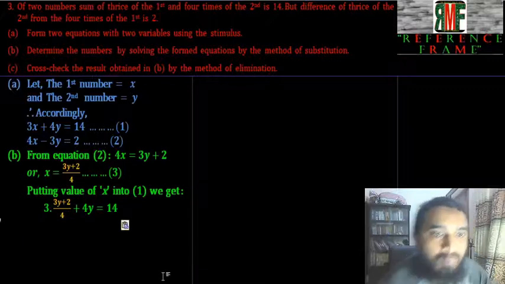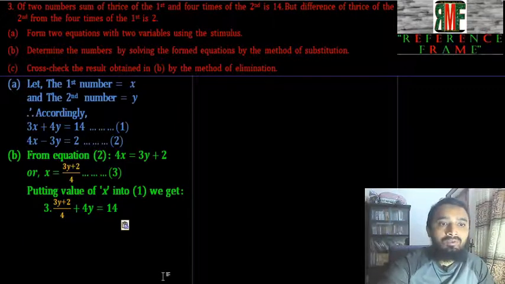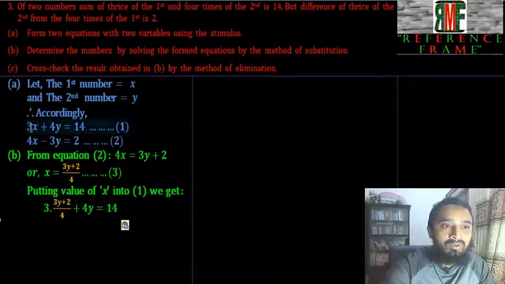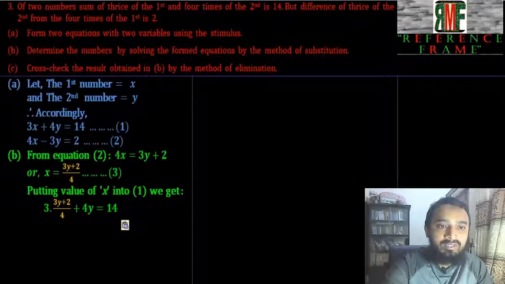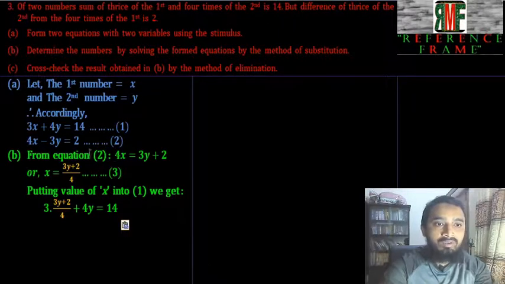Putting the value of x into 1, we get 3 into, the value of x is (3y + 2)/4, plus 4y as it is. On the right side we have 14 as it is. Now we just solve it to find the value of y. Okay, let us go for solving.